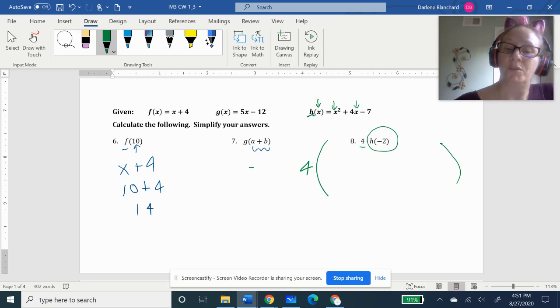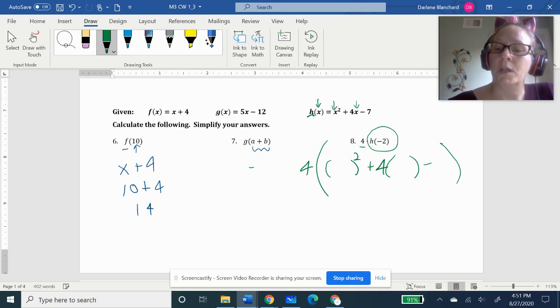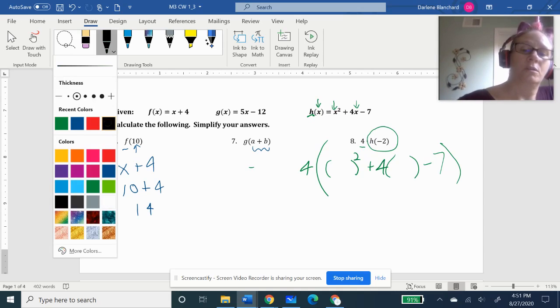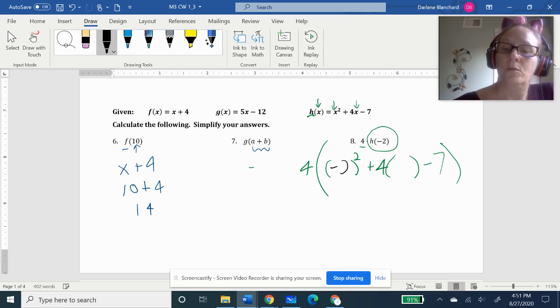And the best way to substitute is read the equation, and every time I say x, put parentheses. So h of x is x squared, so parentheses squared, plus 4 times x, 4 times parentheses, minus 7. And then I'm going to substitute negative 2 into each of those parentheses where the x was.